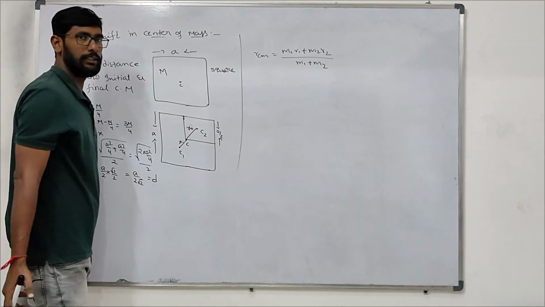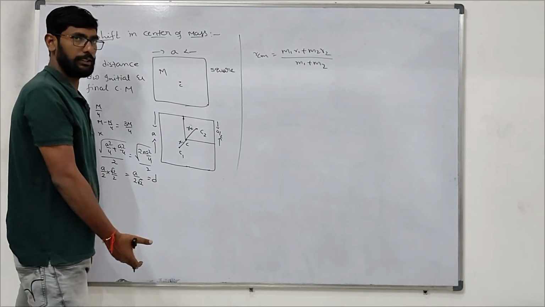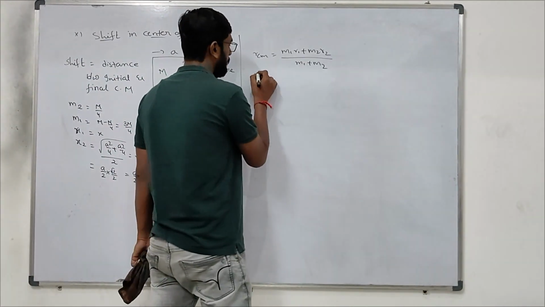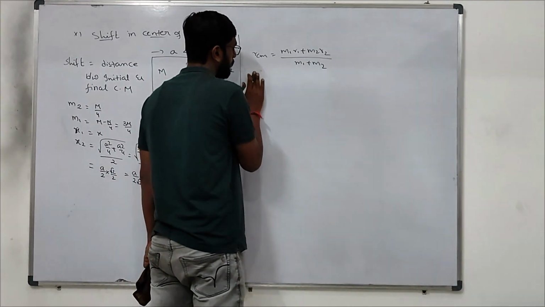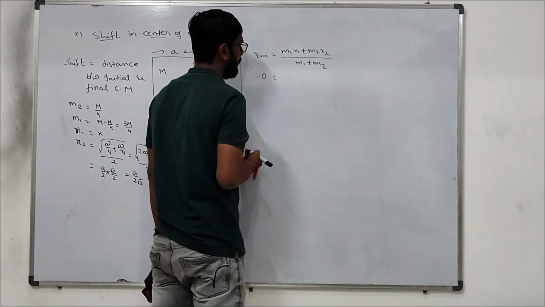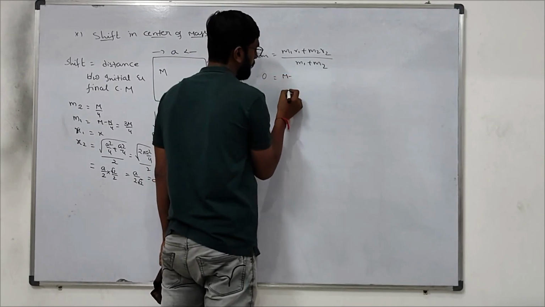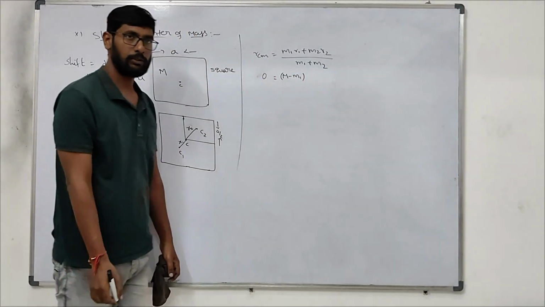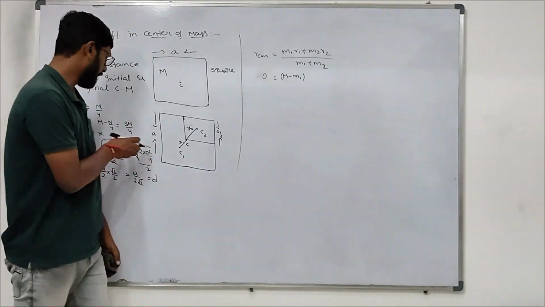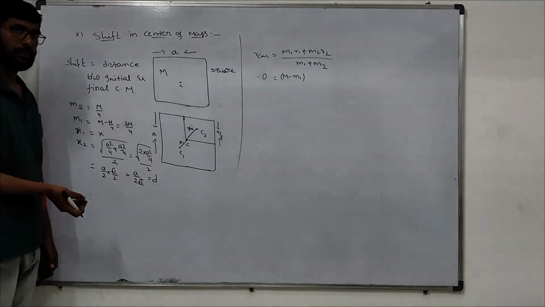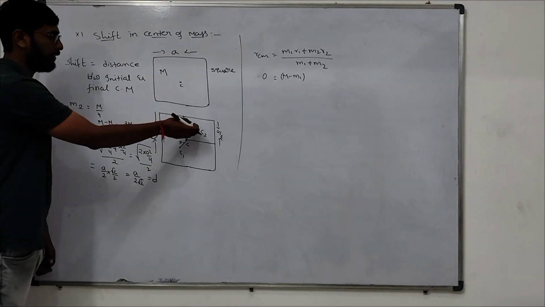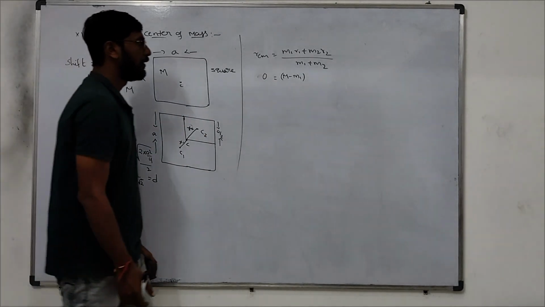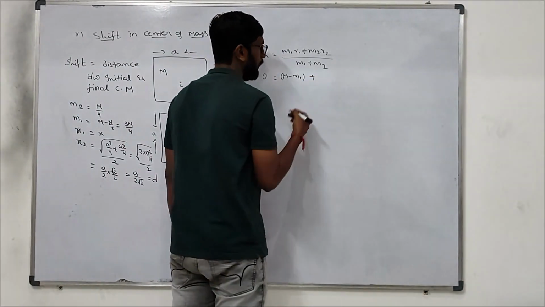R2 will be d. X2 we consider as d. So RCM equals 0. So M1 is M minus M2. The values we will substitute later. M1 will be total mass minus removed mass, plus M2.